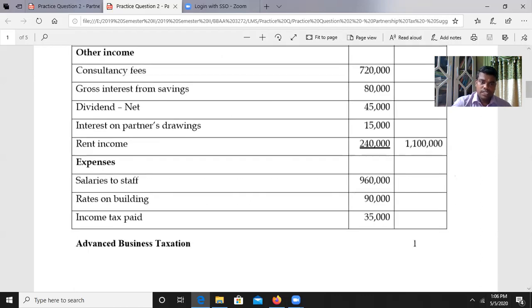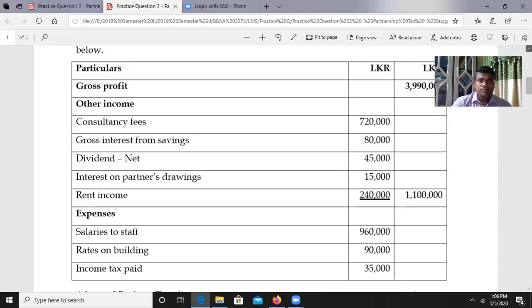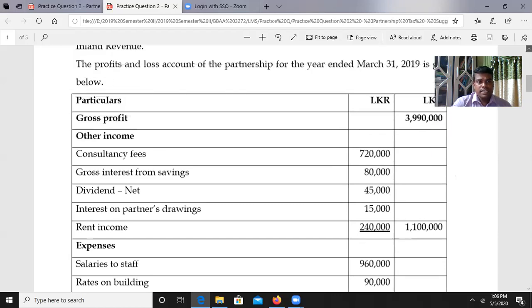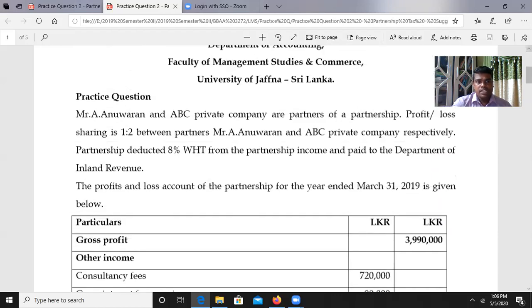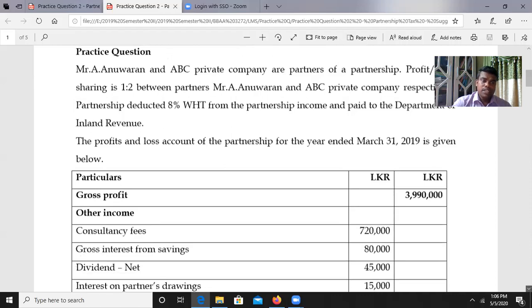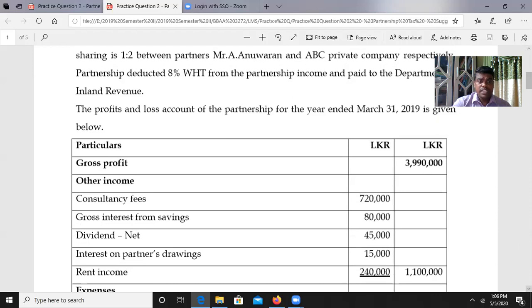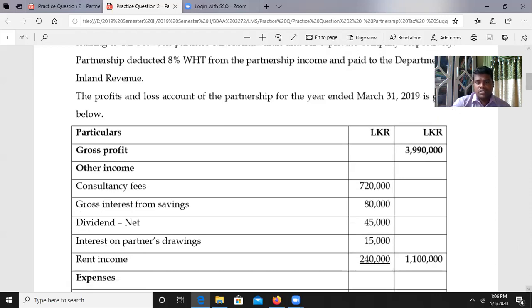So in this question, you can take the summary. There are two partners in this partnership, Mr. A. Anuvaran and ABC Private Company. They are sharing profit and loss between the partners 1:2. Then the 2018-19 year of assessment profit and loss account is given in this question.